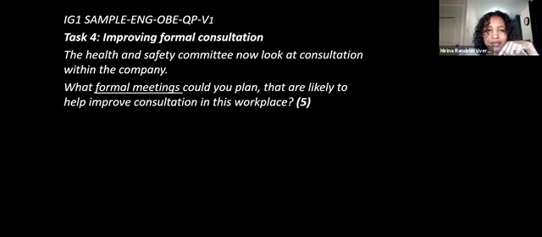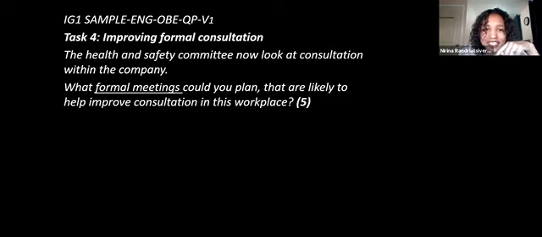Okay, so another kind of question, this one is improving formal consultation. One of the most misunderstood questions from our mock exam on the e-learning platform. This is task number 4. It says the Health and Safety Committee now look at consultation within the company. What formal meetings could you plan that are likely to help improve consultation in this workplace?